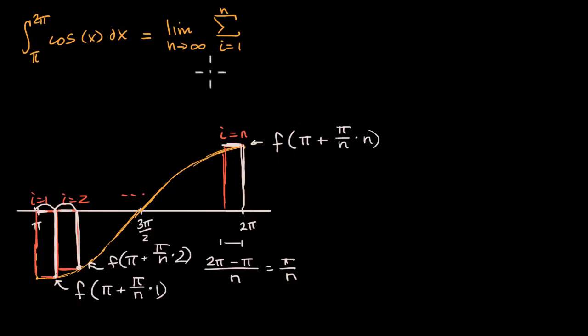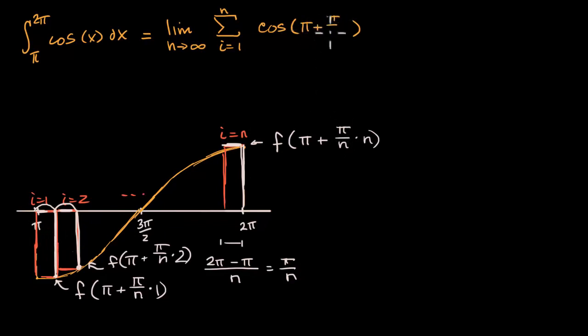Or, if we wanted to say it generally, if we're talking about the ith rectangle, remember we're going to sum them all up. What's their height? Well, the height is going to be cosine of pi plus, if we're at the ith rectangle, we are going to add pi over n i times.